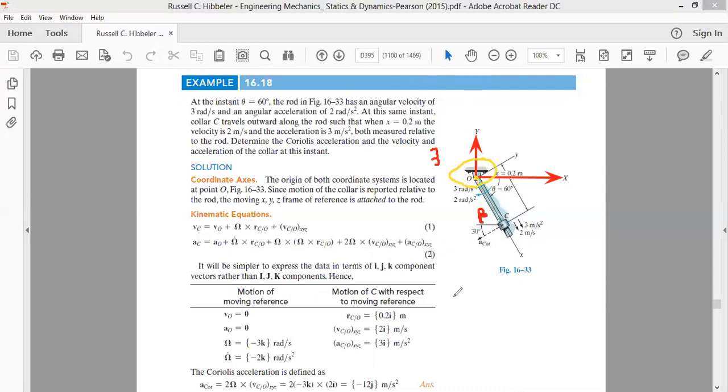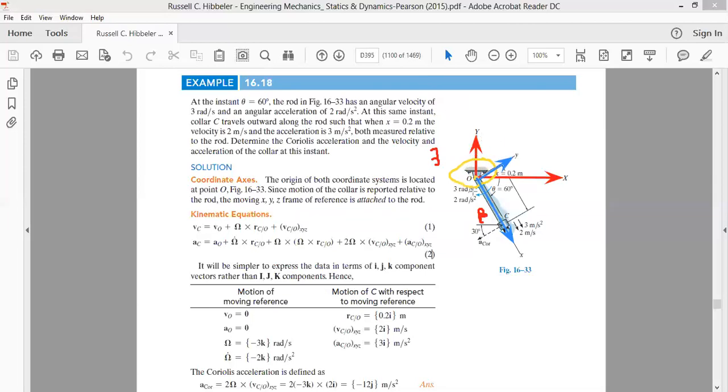Now, after defining it, we have to define the x and y-axis of our rotating beta frame of reference. Where will we select the beta? This rod is our beta frame of reference. So we take an axis along the axis of the rod and treat that as the x-axis of our beta frame of reference, and take an axis perpendicular to the x-axis, write it with small y.